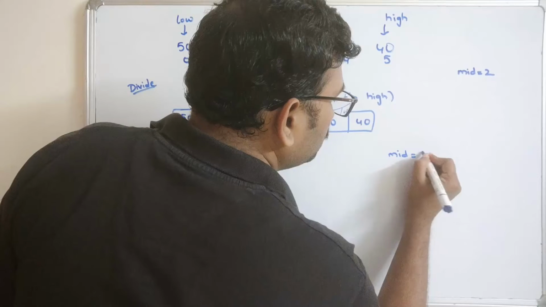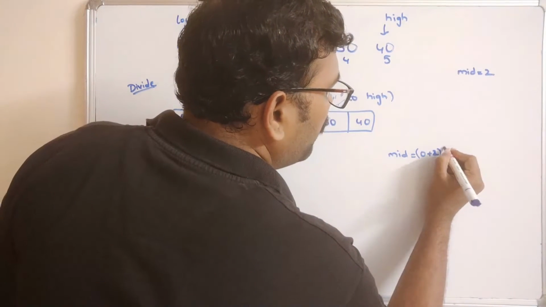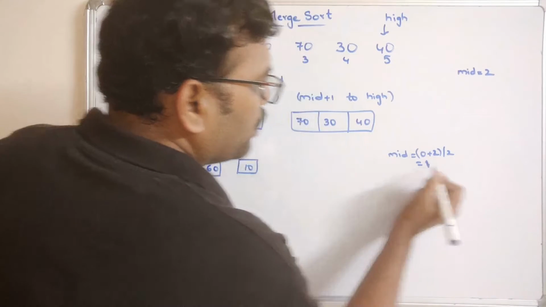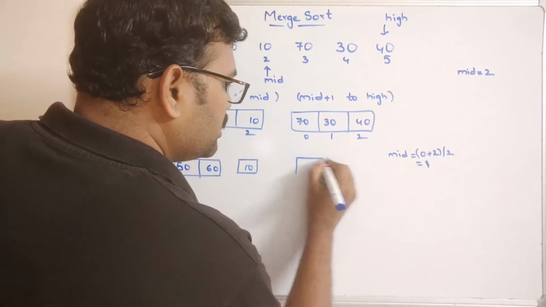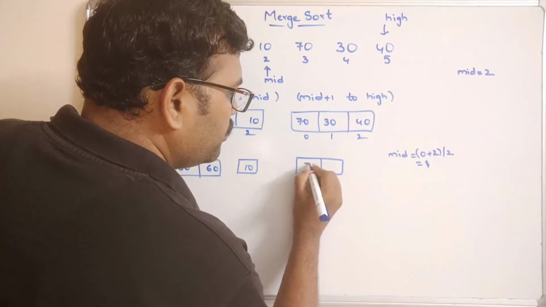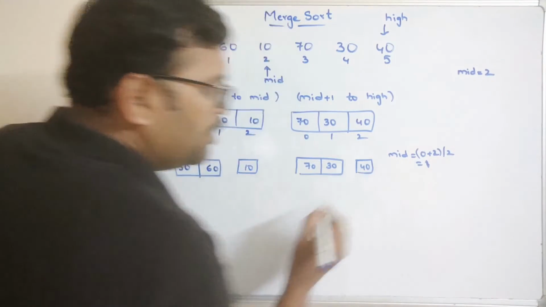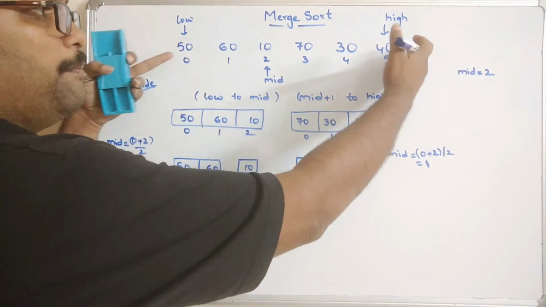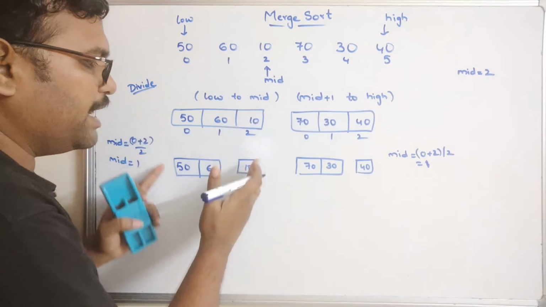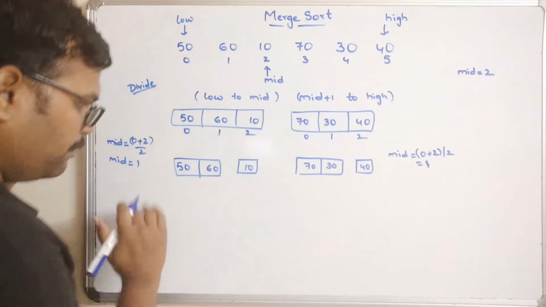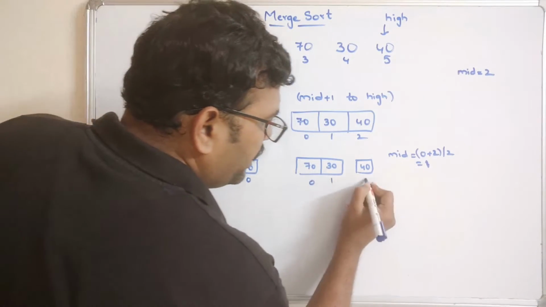Mid is equal to 0 plus 2 by 2, which is 1. The other part is divided into 70 and 30 and again 40. So the complete data is divided into two parts, and each part is again further divided into two parts.